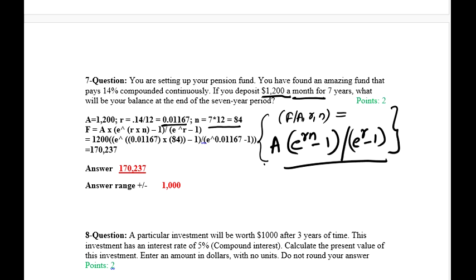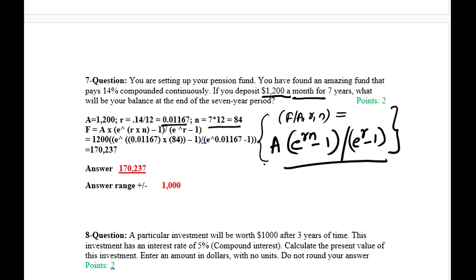So here the amount is deposited on a monthly basis, so you have to calculate your n value in terms of months for 7 years. For this you have to take the formula for continuous compounding, and it is given as A times (e raised to rn minus 1) divided by (e raised to r minus 1).